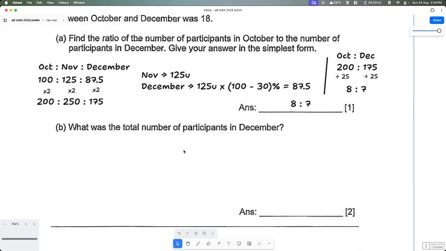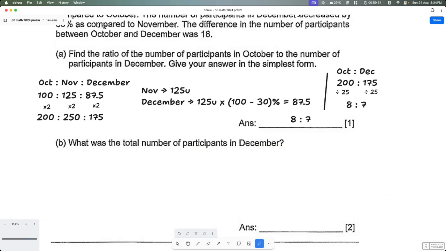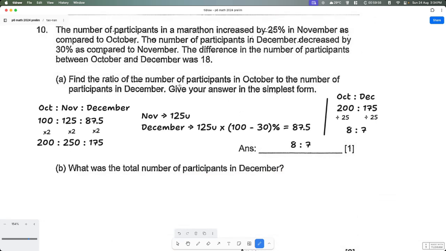Part B. What was the total number of participants in December? We know the difference between October and December is 18. October is equal to 8 parts, then December is equal to 7 parts.